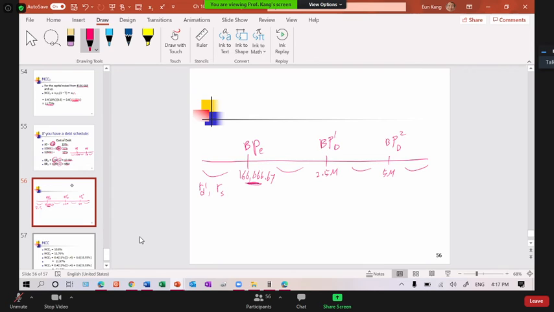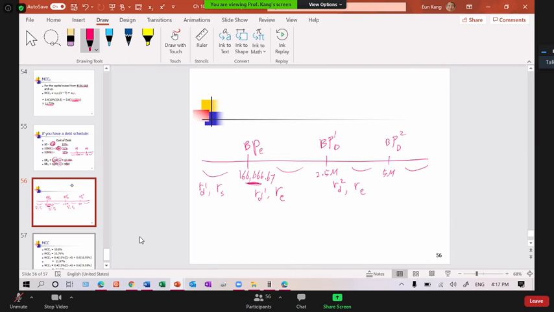So RD1 stays the same, because it is not that breakpoint, so its cost doesn't change. It's still RD1. But after the equity breakpoint, you should use RE, right? And then after the next breakpoint, the cost of debt will change, so it's RD2. But this is the debt breakpoint, so the cost of equity stays the same, RE.